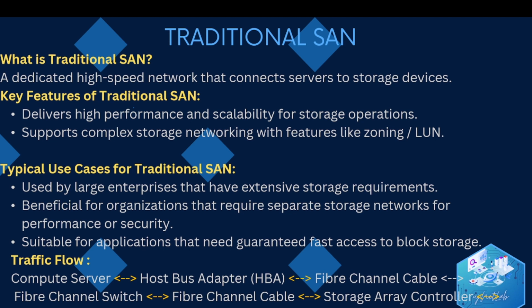Basically here the storage is totally separate, and the servers where the applications are running are separate. In the traditional SAN, you don't need the hard disk on the compute server. You can definitely have a hard disk, but the storage is kept separately.